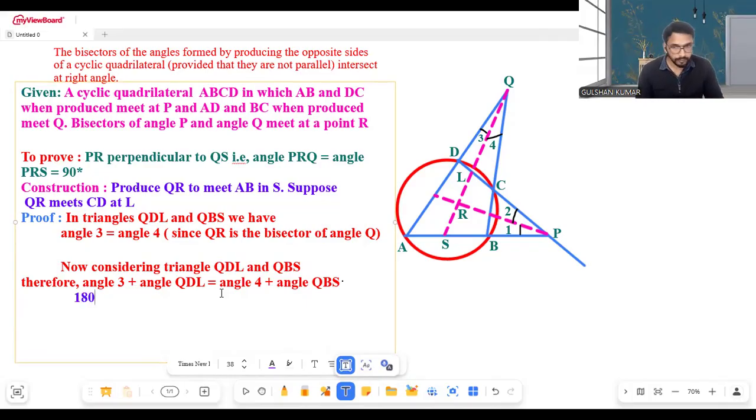So 180 degrees minus angle DLQ equals 180 degrees minus angle QSB, because this angle plus this angle equals 180 degrees minus this angle, by the angle sum property.